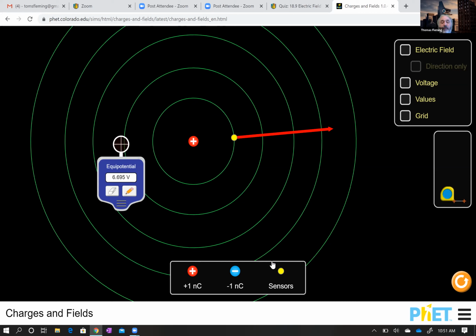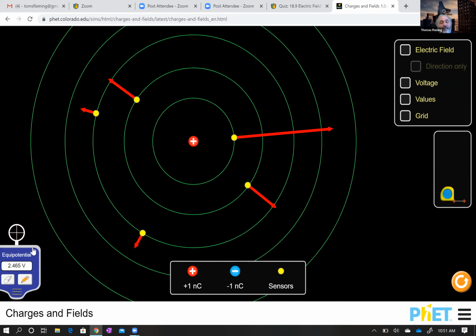I'll put some more sensors out at different locations. What I'm looking for is to see if you can find a pattern. What's the relationship between these equipotential surfaces and the electric field? Do you see it?